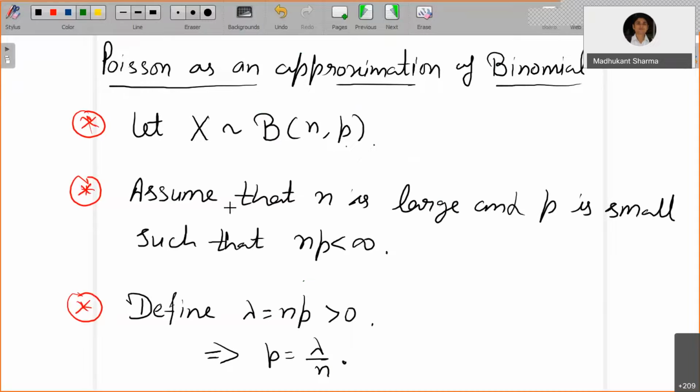Now assume that n is large and p is small, and denote lambda equals n times p, which is strictly greater than 0, since p is greater than 0 and n is greater than 0. So p belongs to (0,1), small. This gives the p value in terms of lambda and n: p equals lambda by n.